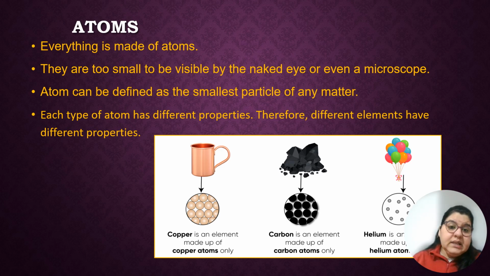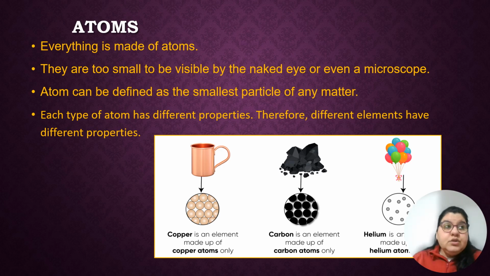Now, if we look at the image, in the copper jug, the copper is an element and all the atoms are made up of copper. Similarly, coal is all carbon and hence made up of carbon atoms only. Similarly, the balloon filled with helium gas is made up of helium atoms.